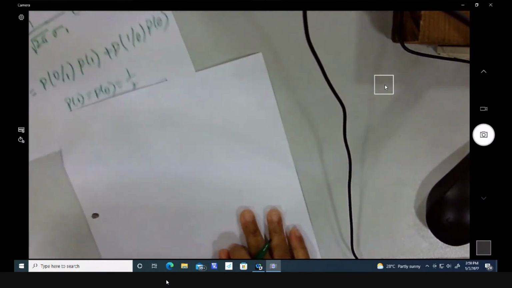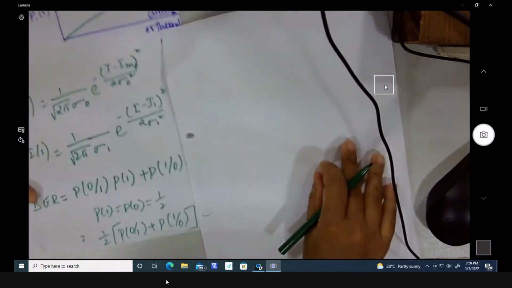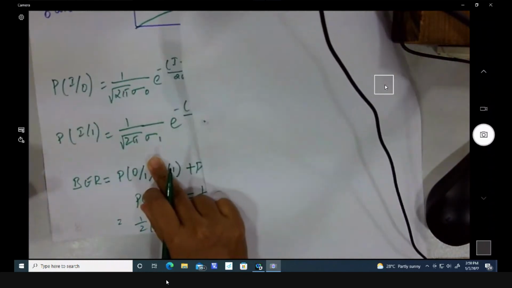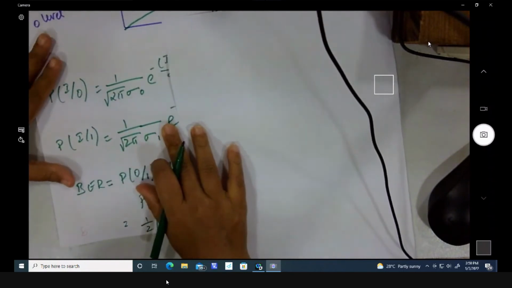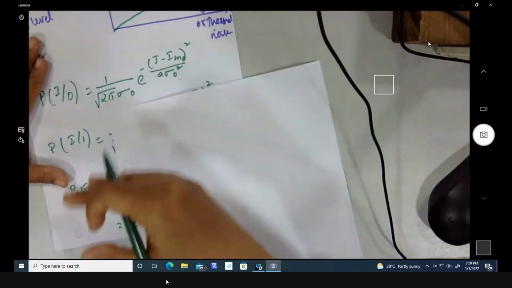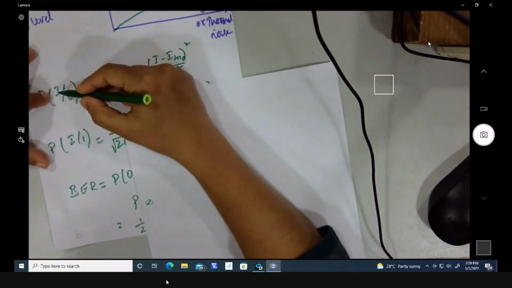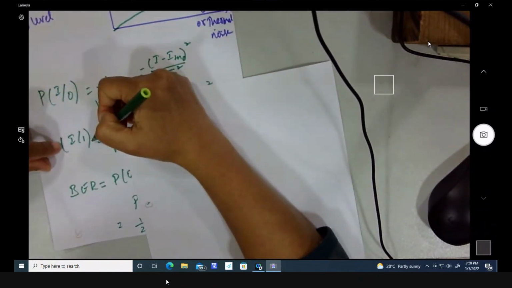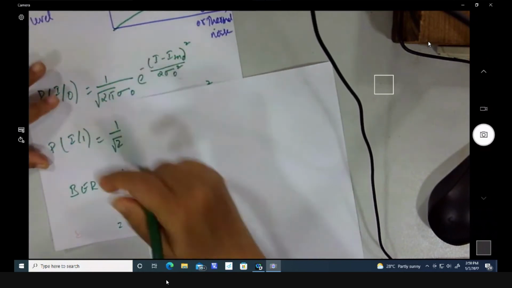So we know that we have written general expressions, I in terms of 0 given and I in terms of 1 given. These are the general density functions. We are going to write this in terms of P instead of I: 1 detected when 0 transmitted, and similarly 0 detected when 1 transmitted.